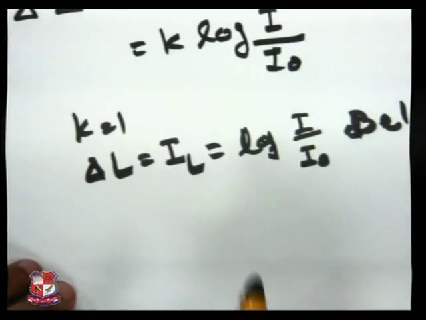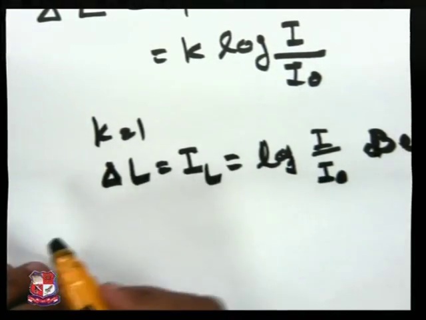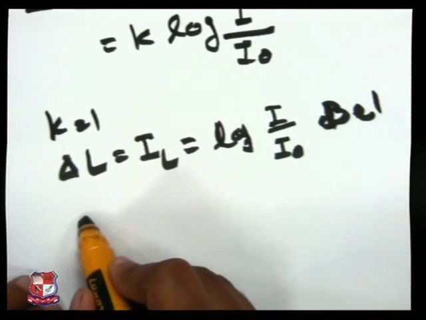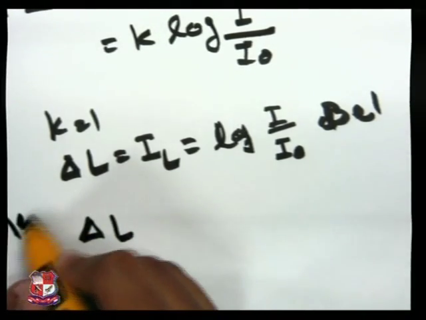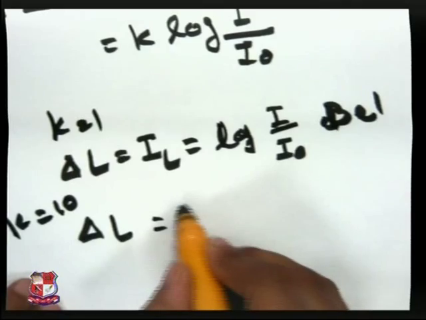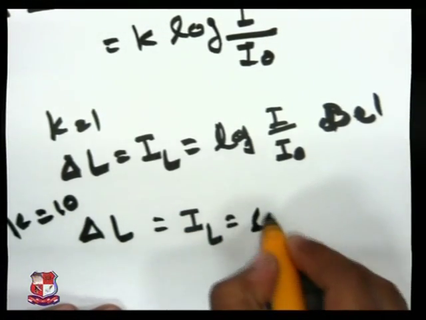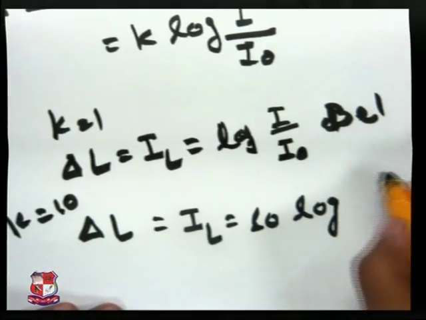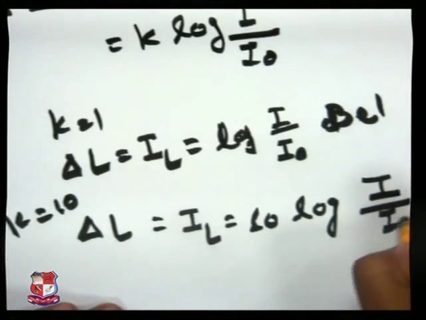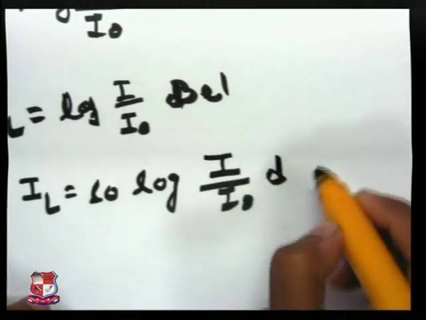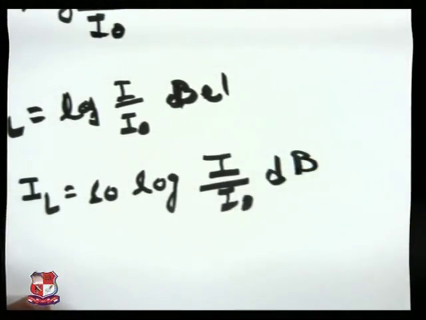But since bel is a very big unit, I have to divide it by 10. So when I take K equal to 10, delta L will be equal to IL, that is equal to 10 log of I upon I0. And generally this is the well-known equation to find out the relative loudness in dB.